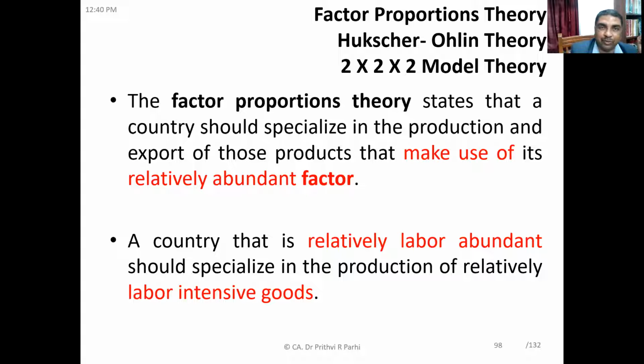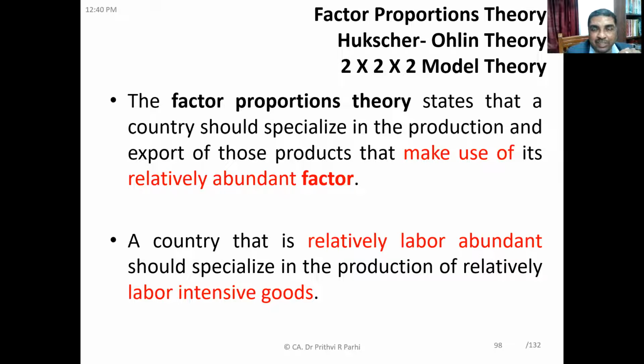This theory states that the country should specialize in production and export of those products that make use of its relatively abundant factor. That means if there is a factor which is abundantly available in a country, the country should make use of that factor of production.